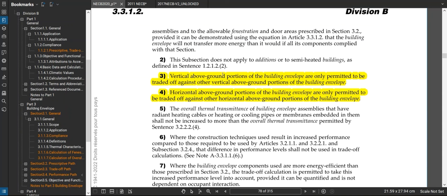But you cannot trade a lack of insulation on a wall off to more insulation on the roof. It has to be vertical to vertical, and then the next sentence is horizontal to horizontal. So you can't just pile a bunch of insulation on the roof and then not do much insulation on the walls, is basically what these sentences are saying.